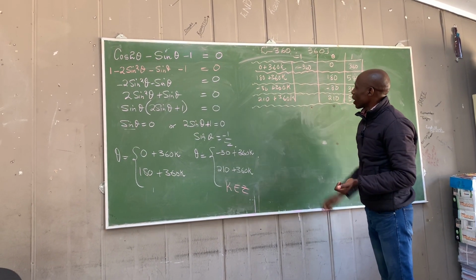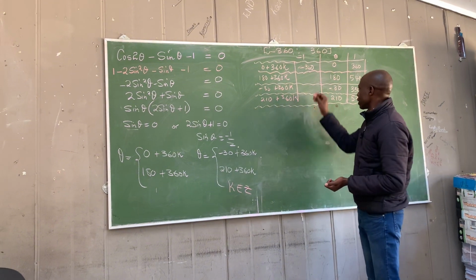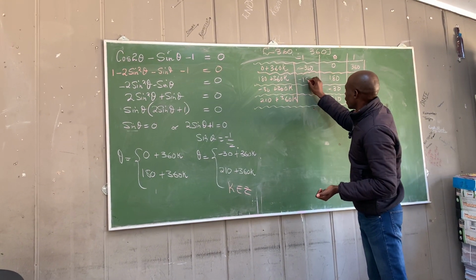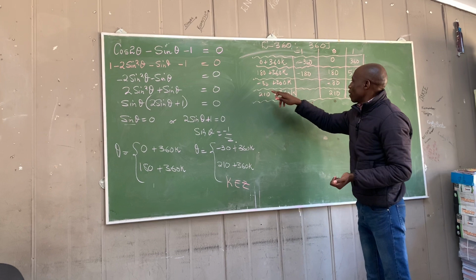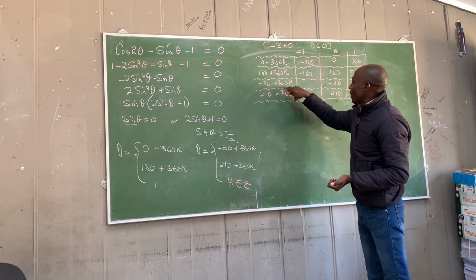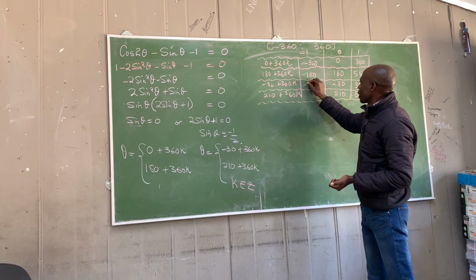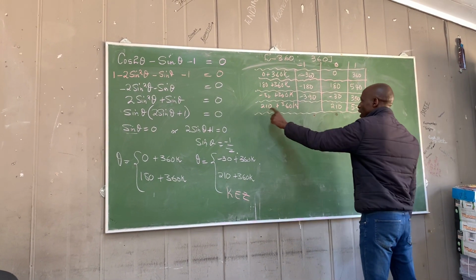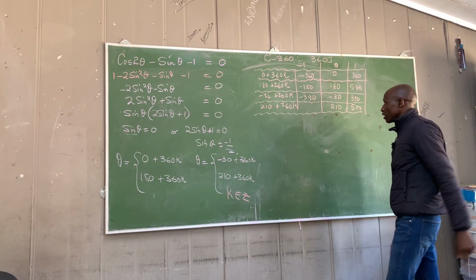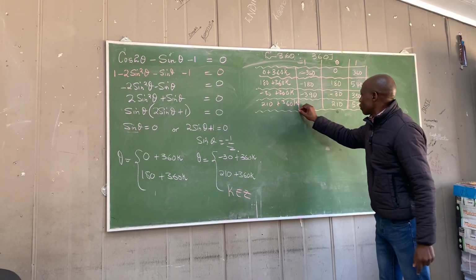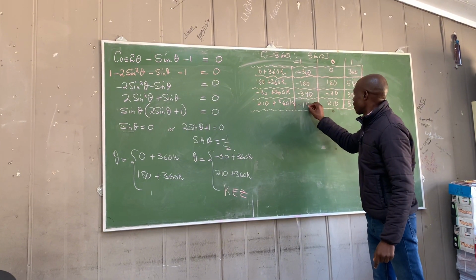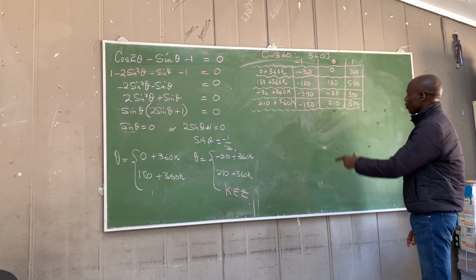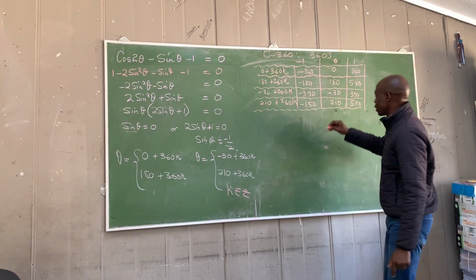And then here, 180 minus 360, this is minus 180. And then here, minus 30 minus 360, that will be minus 390. And then 210 minus 360, -150. Now you check according to the domain, minus 360 to 360.